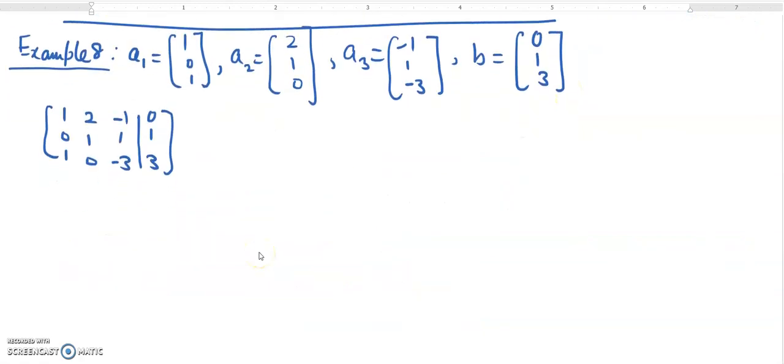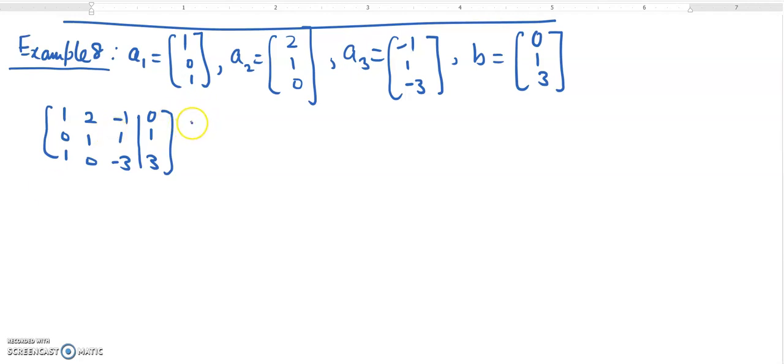Okay, as a last example, I have these three vectors, and I need to determine whether there is any linear combination of them that gives this b. So I have quickly written this augmented matrix, and then I can apply some row operations.